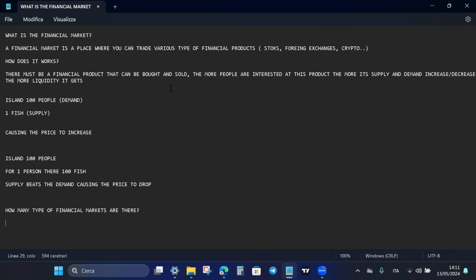The more people are interested in this product, the more its value and its demand and supply increase or decrease. We understand what is the demand and what is the supply, and we took a brief look at how many types of financial markets there are. I think for today that's it.